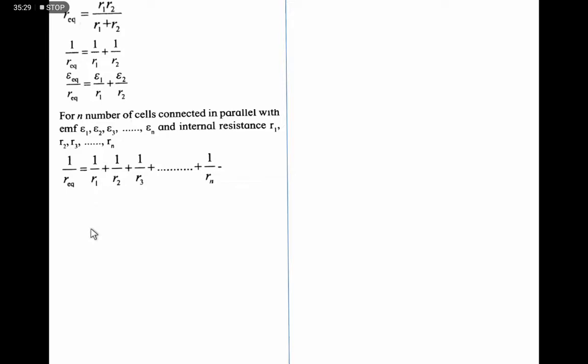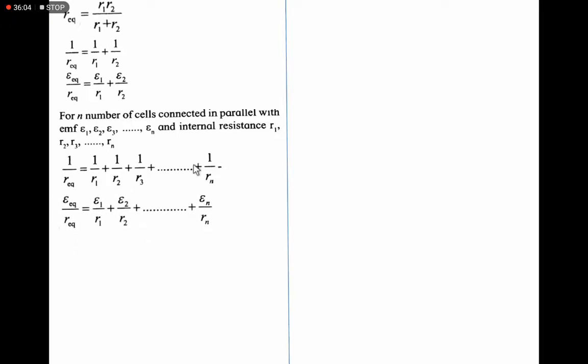So the reciprocal of the equivalent internal resistance of the source is equal to the sum of the reciprocals of the internal resistances of the sources connected in parallel. What I said: the reciprocal of the internal resistance of the equivalent source is equal to the sum of the reciprocals of the internal resistances connected in parallel.